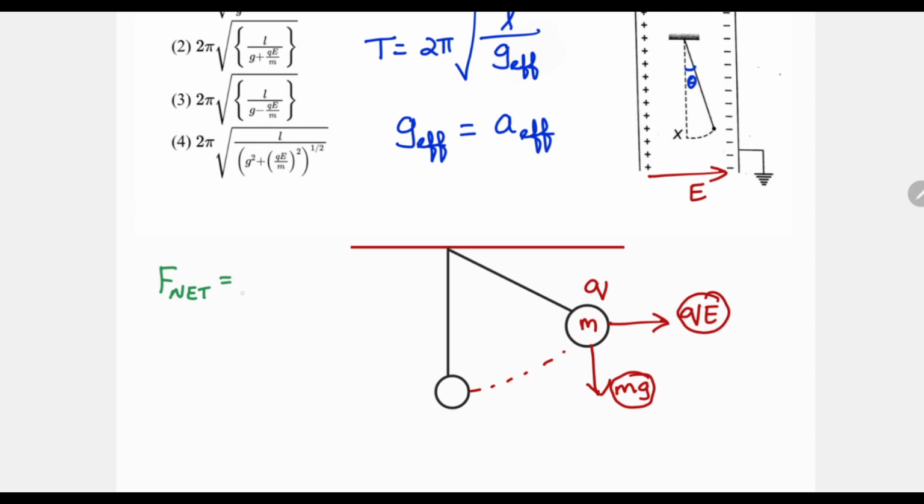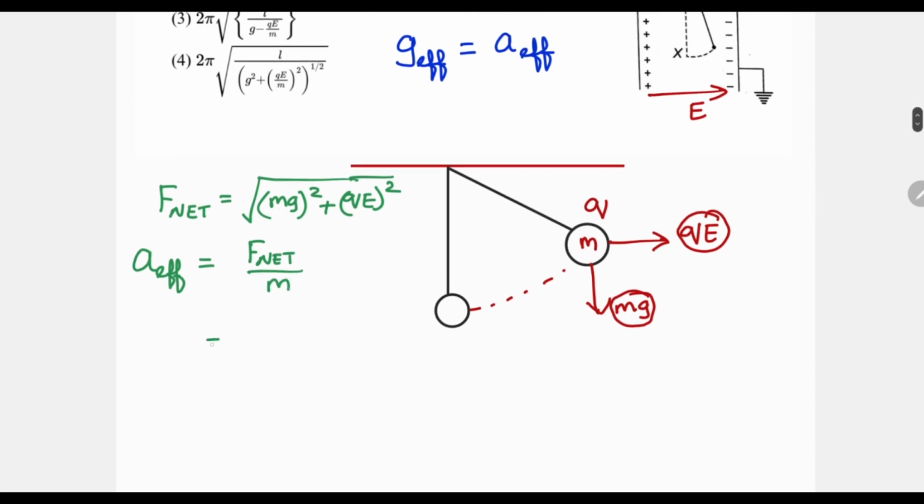Net force equals root of (mg) square plus (qE) the whole square. So two forces are acting. That means effective acceleration. Always, acceleration equals net force by mass. So what we will get?